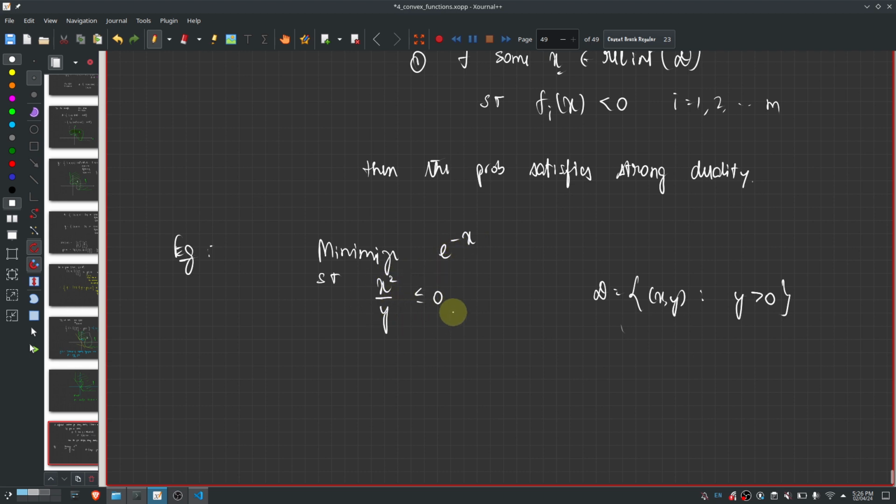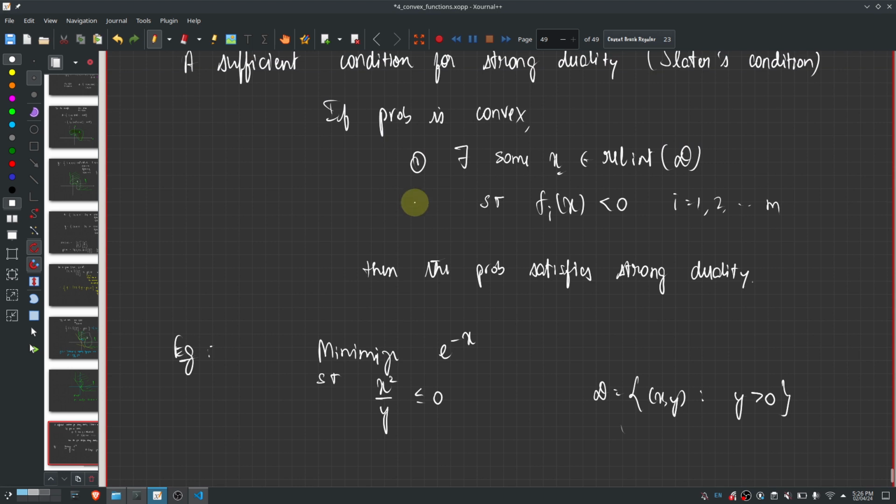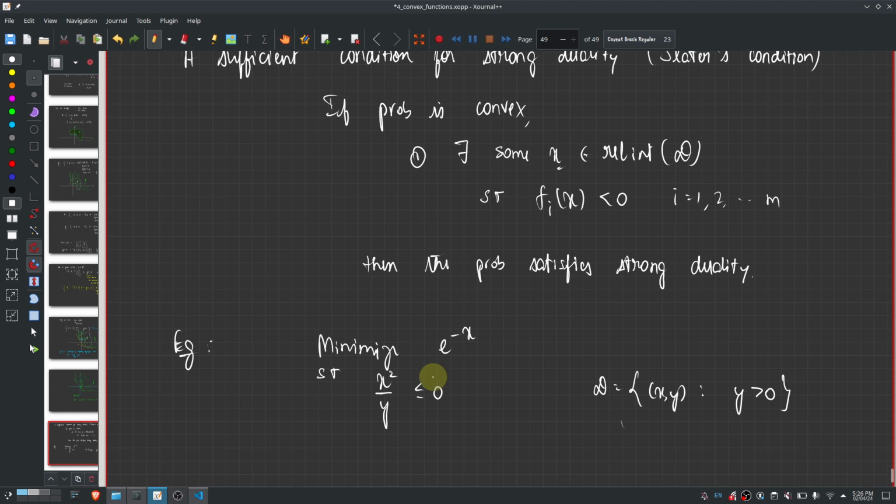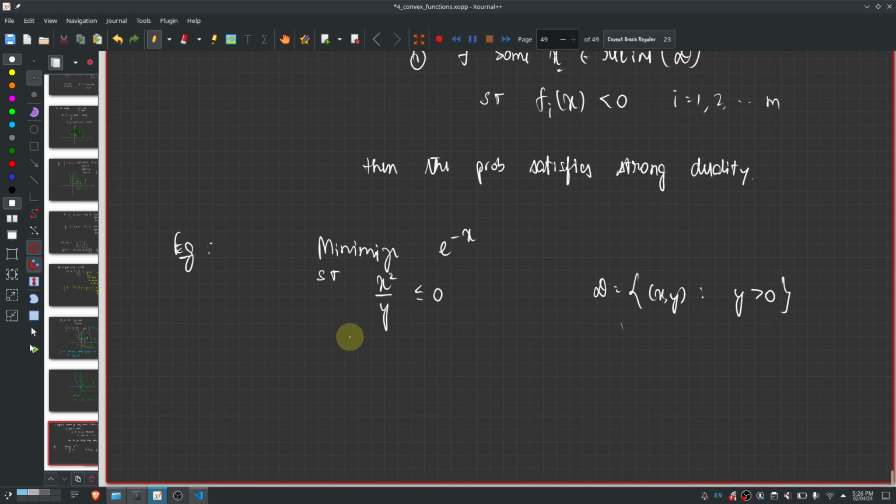But when is this constraint satisfied? At x equal to 0. That's the only point that can satisfy the constraints, right? And this is a case where Slater's condition cannot be satisfied at all, right? Because you can't have x square by y strictly less than 0 ever. So the minimum, f star is equal to 1.